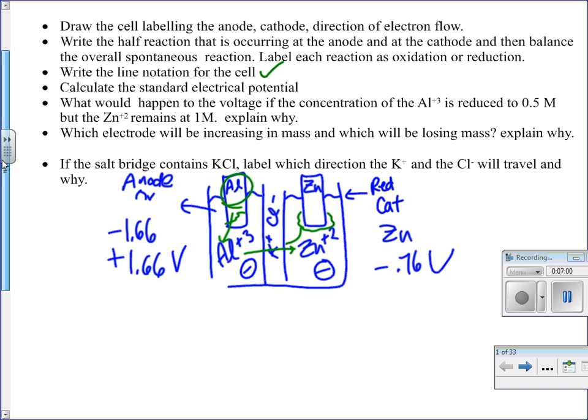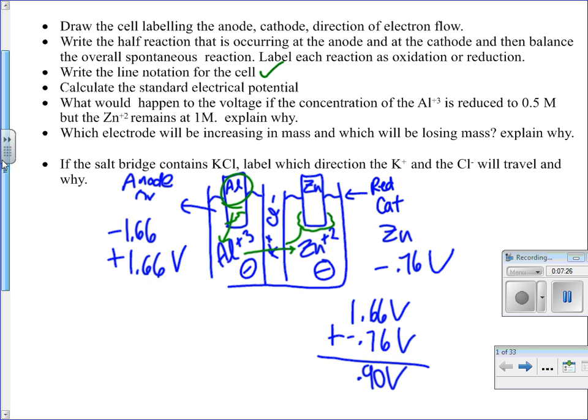So what we do is we just take our voltages, our oxidized and our reduced, and we add them up. Or you could say reduced minus oxidized and not flip the sign. If I add that together, I end up with 0.9 volts. That would be the potential if I have 1 molar solutions of each one.